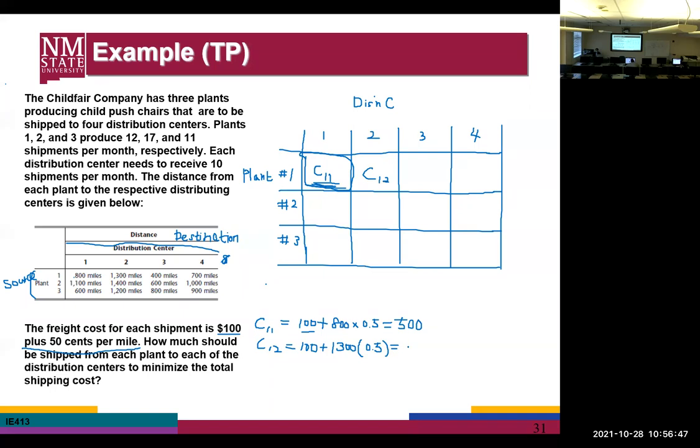How much is that? 750. This number 750 goes in here.